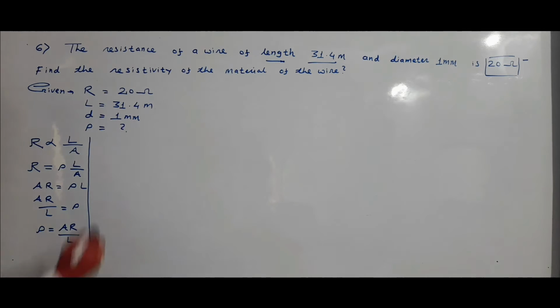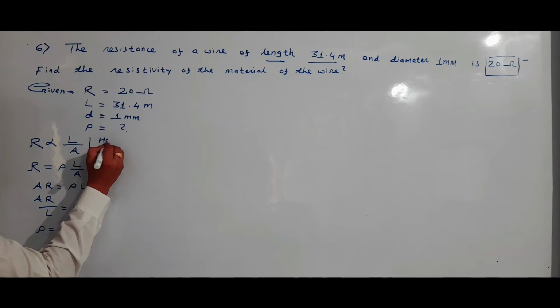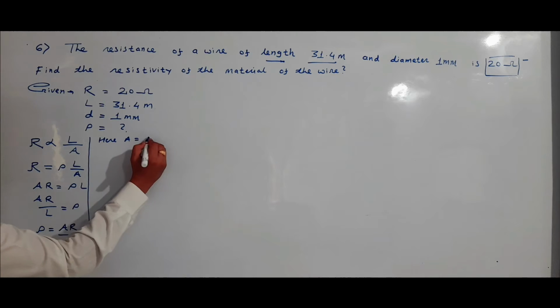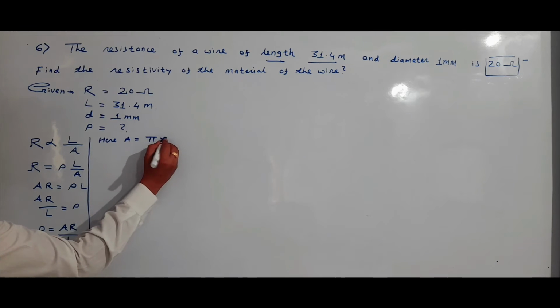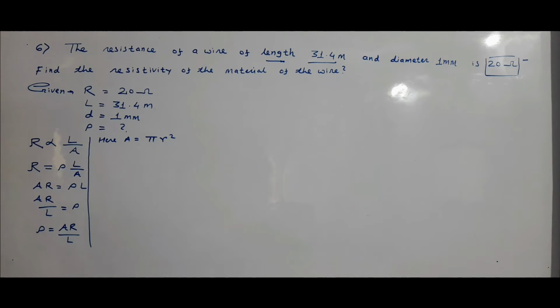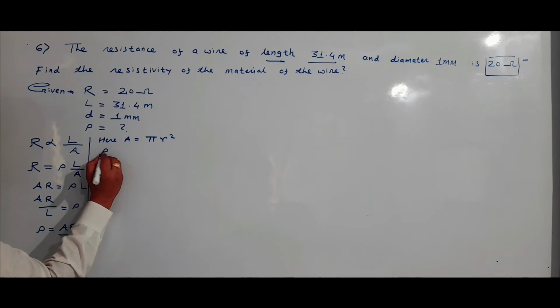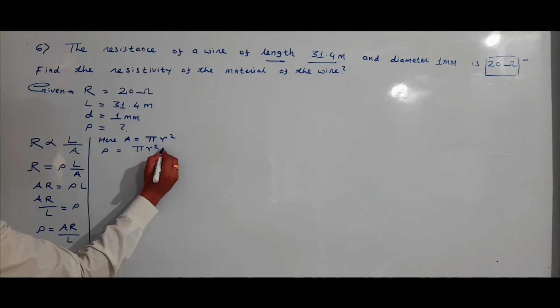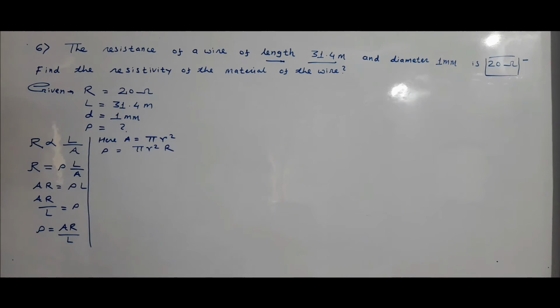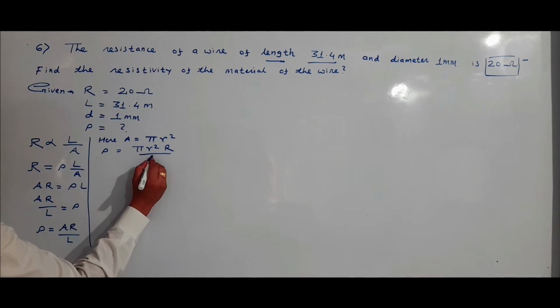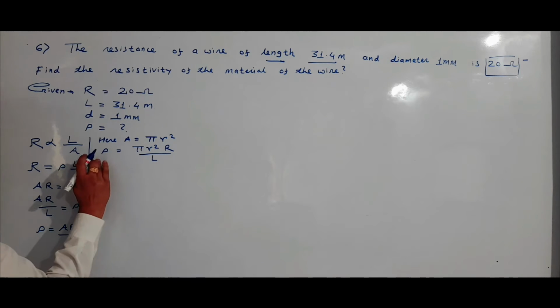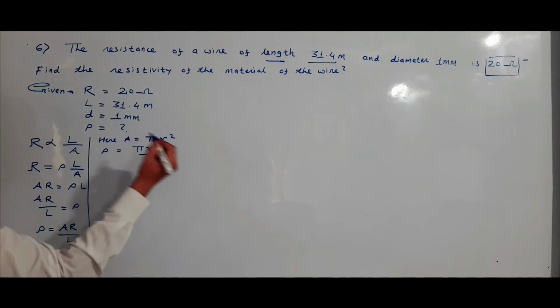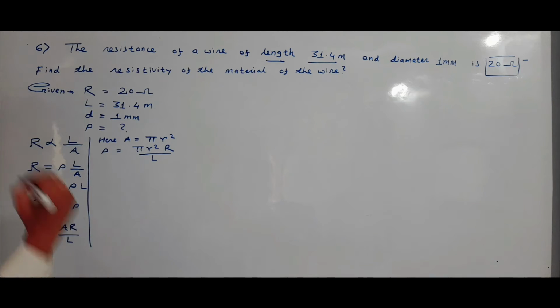But my dear student, here A is equal to pi r square. We put this in our formula. Resistivity of a material is equal to pi r square R upon length. r square is introduced in the formula.